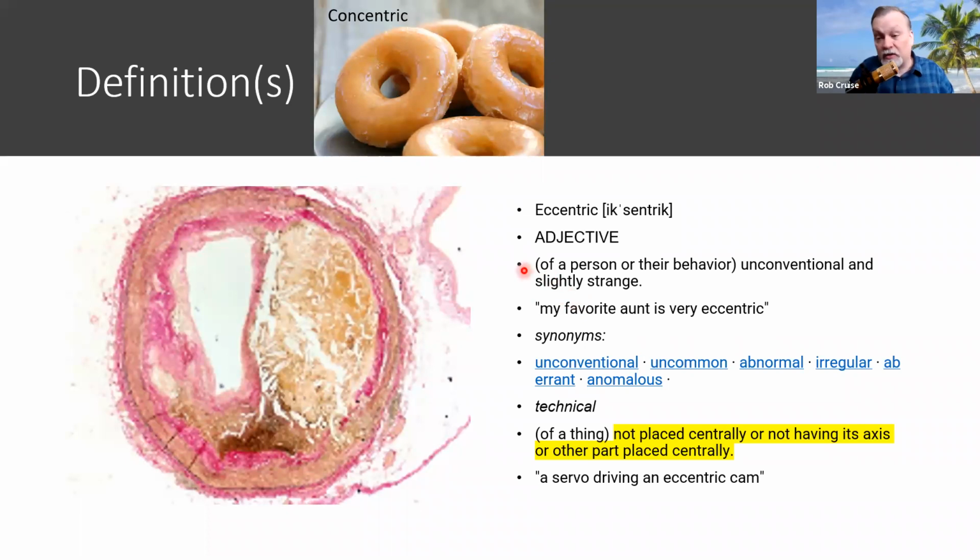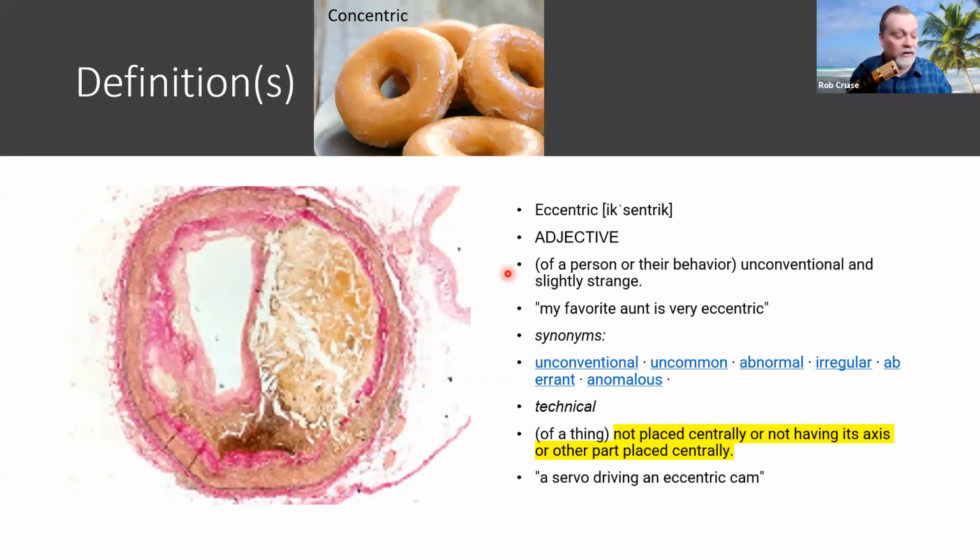All right, definitions, we have two. Concentric is easy. Donuts and bagels, and hopefully our blood vessels have a concentric lumen, or the hole in the center of the donut, right? So that is concentric. Eccentric, we're all pretty familiar with the normal meaning of the term, is unconventional or slightly strange.